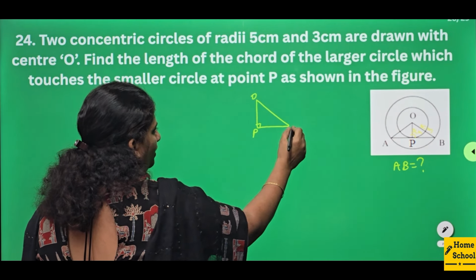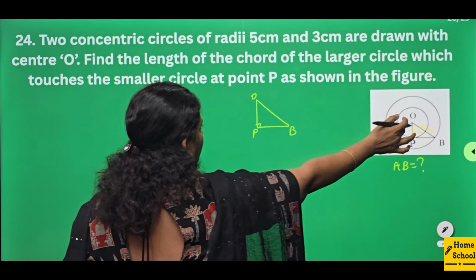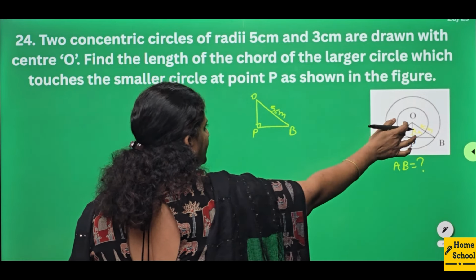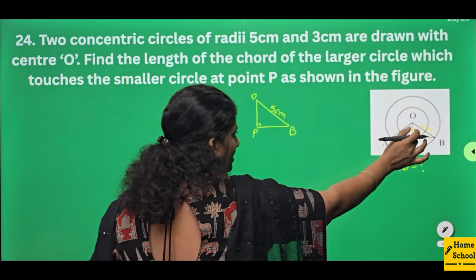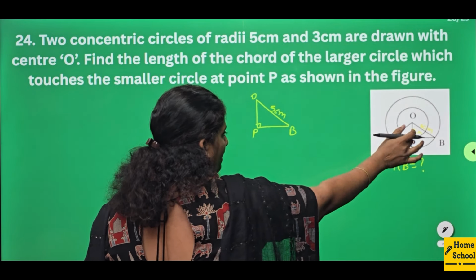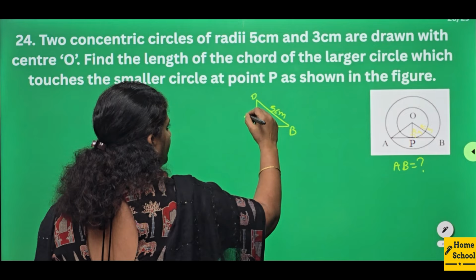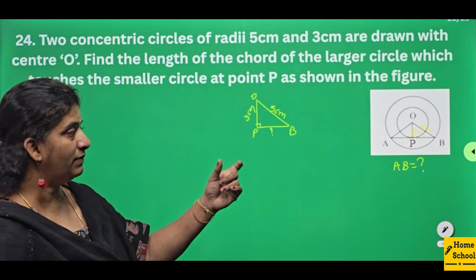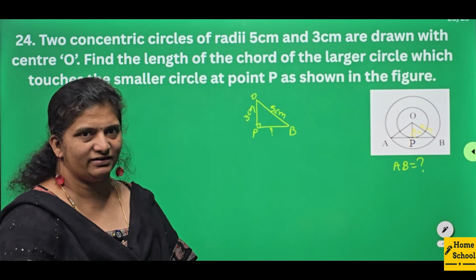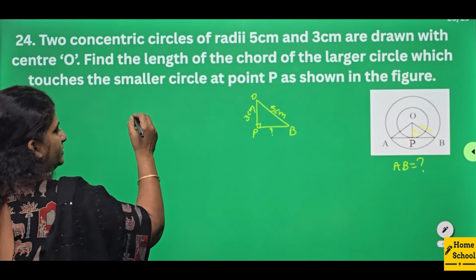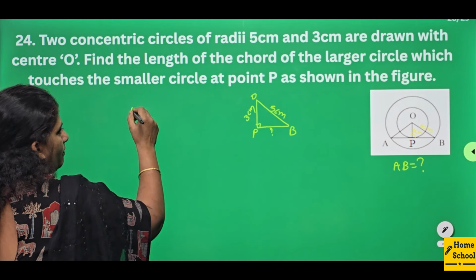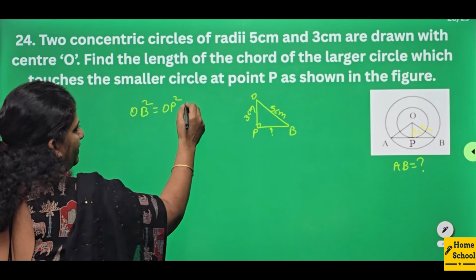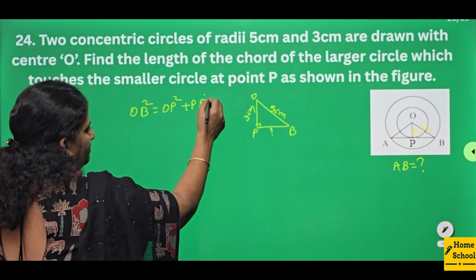O, P, B. Given big circle radius is 5 centimeters and this chord is touching the small circle having a radius of 3 centimeters. If we are able to find PB, double the PB is the AB length. Apply Pythagoras theorem here. OB square is equal to OP square plus PB square.